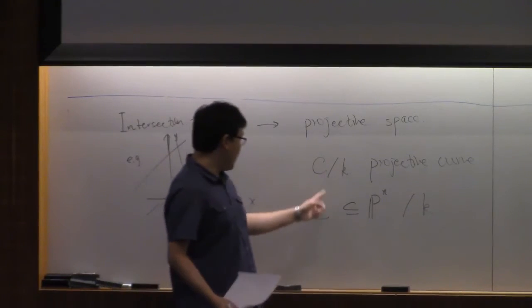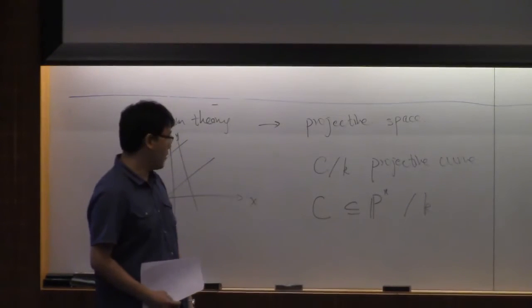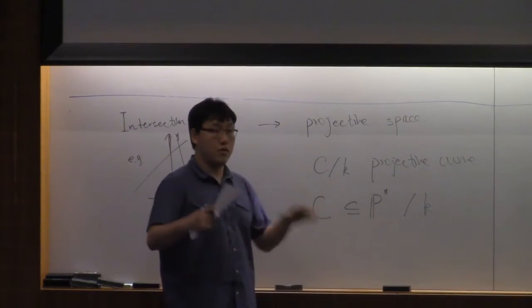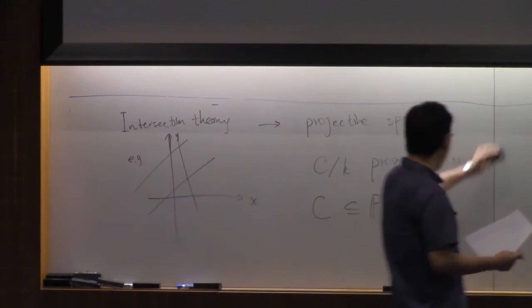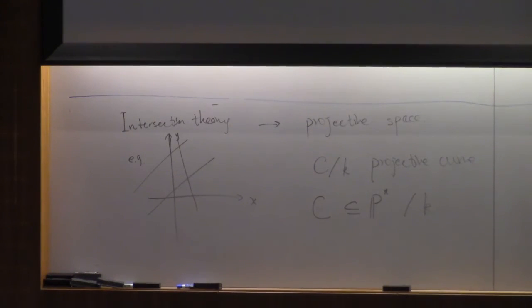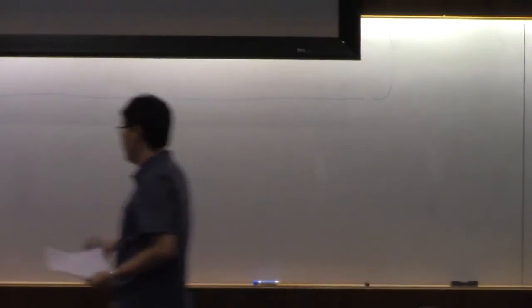It is projective means that the C can be regarded as a subset of the projective n space as a zero locus of some homogeneous equations. So I want to define the degree of such a curve. In this setting, I do not require the curve to be smooth. This definition is true for general curves.